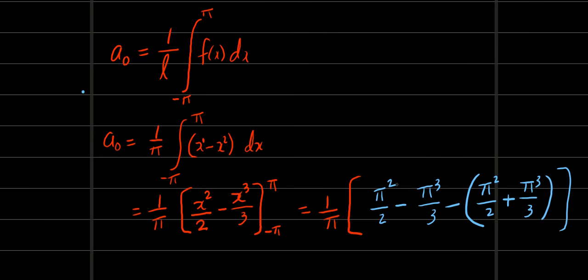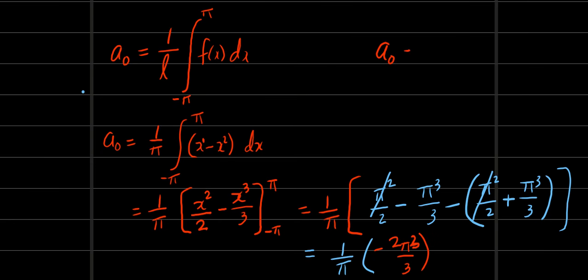Now if you open the bracket, these quantities will get cancelled. So basically you end up with 1 by pi outside, and inside the bracket it will be minus 2 pi cube by 3. So I'm going to write the final value.